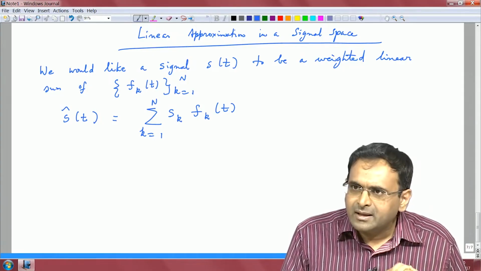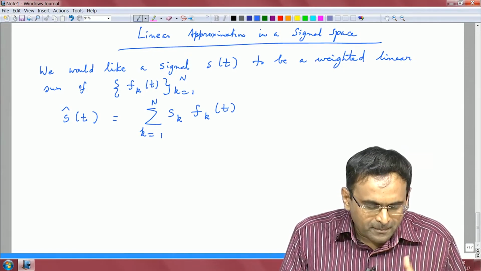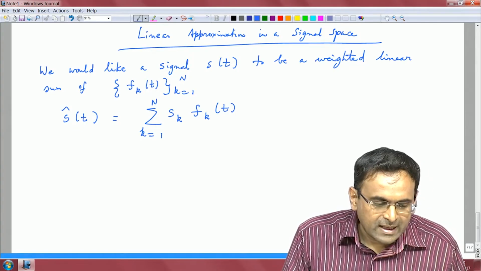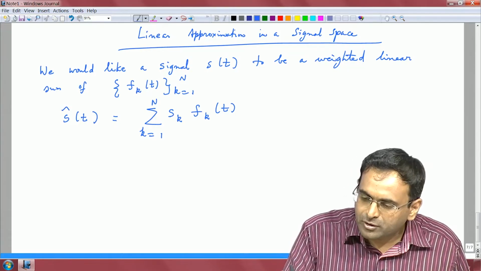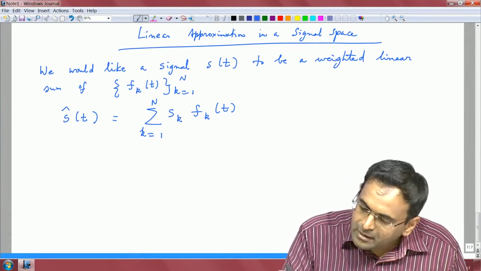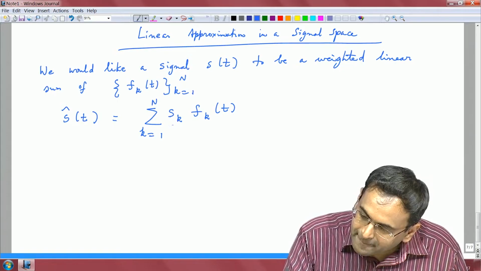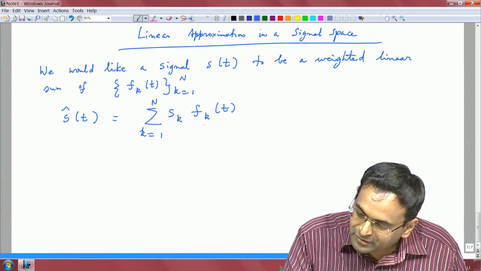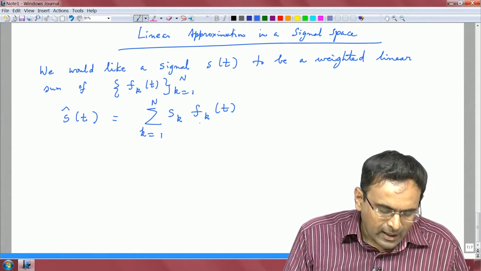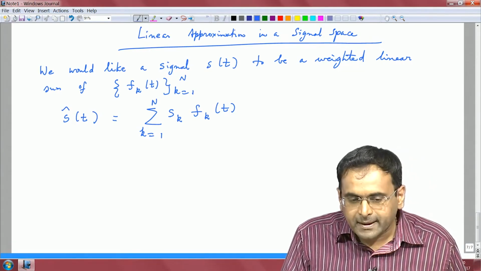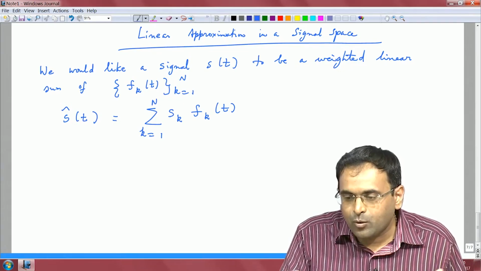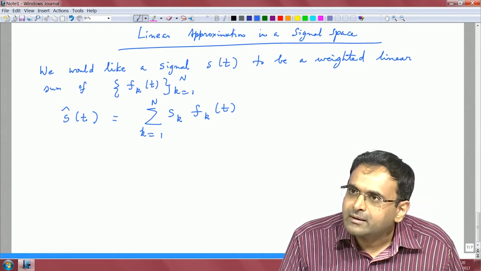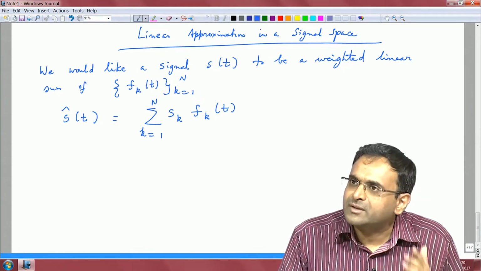So, we will see this as a minimization of a square error procedure to compute these coefficients sk which appear before the basis fk of t, and the second question is basically how do we generate fk of t given a set of signals S1, S2, S3, S4, so on.